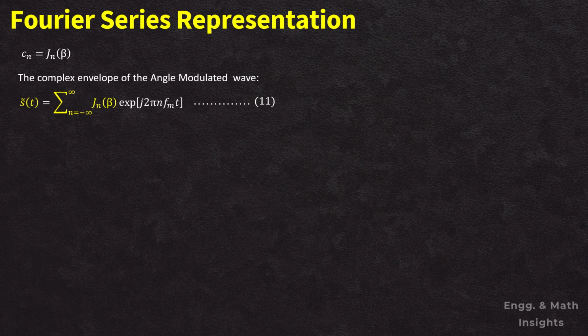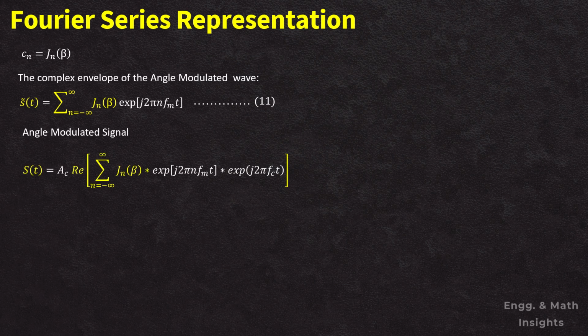Now we can substitute the value of s tilde of t in the equation of the angle modulated signal s(t). Then s(t) can be written as s(t) is equal to Ac into real part of summation from n equal to minus infinity to infinity Jn(beta) e to the power j 2 pi n fm t into e to the power j 2 pi fc t, which can be further simplified as s(t) is equal to Ac into real part of summation from minus infinity to infinity Jn(beta) e to the power j 2 pi (fc plus n fm) t.